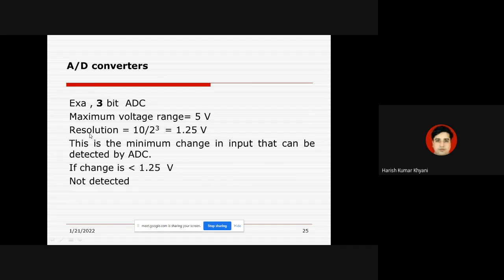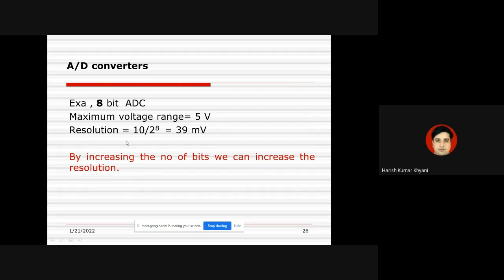Sorry, please take this as 10 volt, 5 came by mistake. So the resolution would be 10 by 2 to the power 3, that is 1.25 volt. So this is the minimum change in the input that can be detected by your ADC, right? And if the change in input is less than 1.25 volt, then it would not be detected, right?